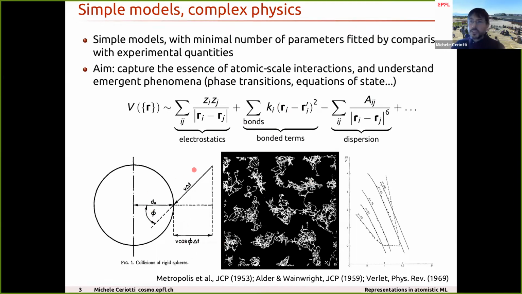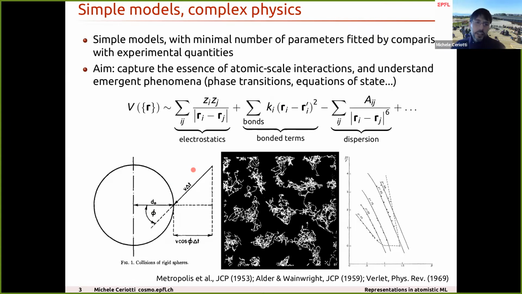Essentially, the idea was that by modeling on a computer the interaction between the atomic constituents of matter, you would be able to infer the macroscopic behavior that is relevant if you want to build a plane or a transistor.